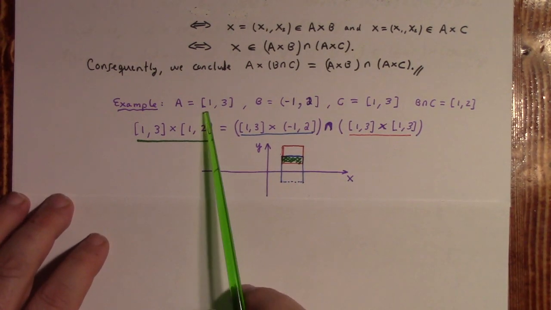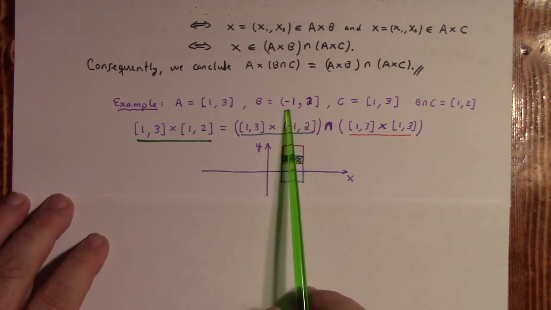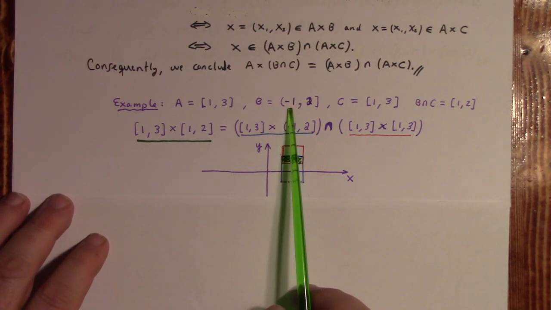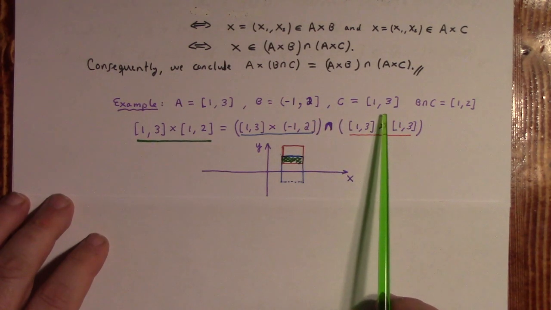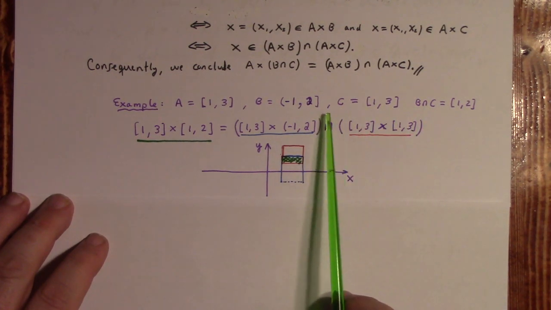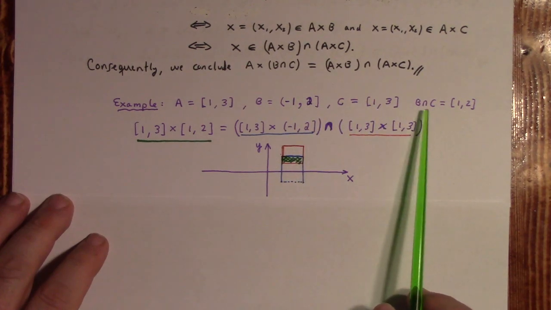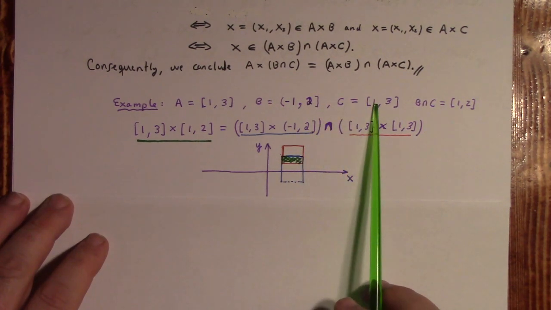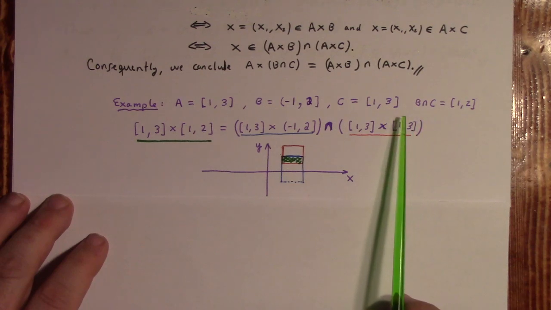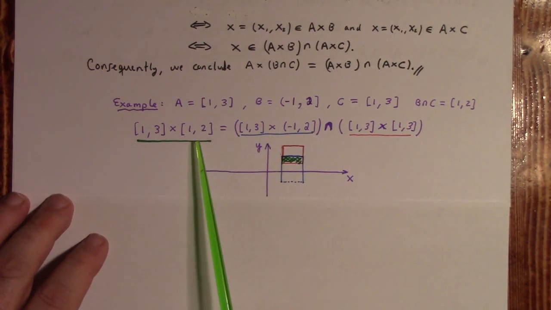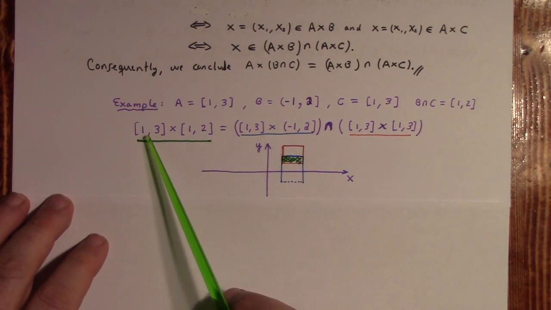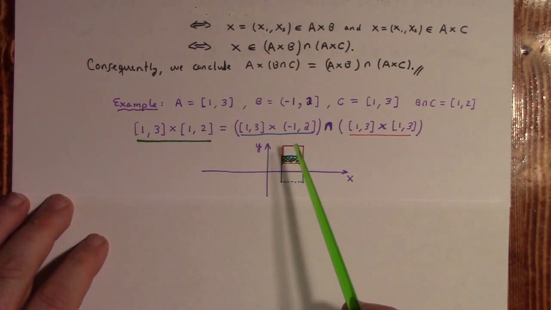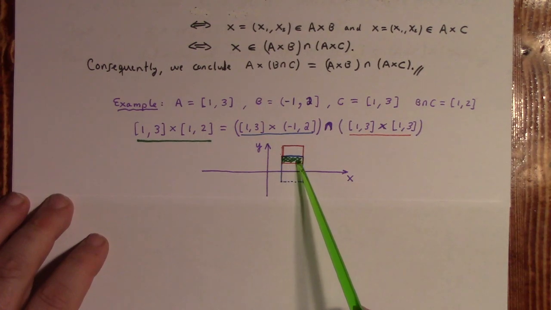So if I have the closed interval 1 to 3, the half open, half closed interval minus 1 to 2, and the closed interval from 1 to 3, the intersection of B and C is actually 1 to 2, if you think about it on the number line. And if we take the Cartesian product of 1, 3, that's the green set. So this 1, 3 with 1, 2, that's the green part.